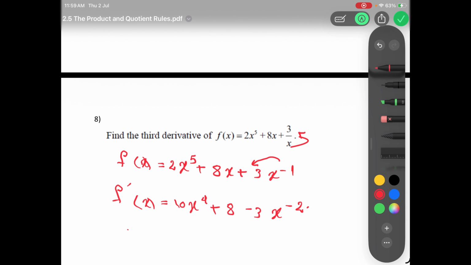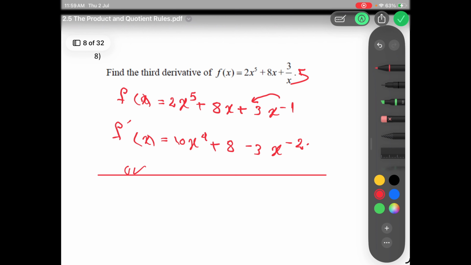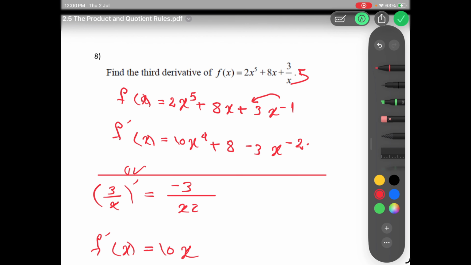Or if you know that the derivative of 3 over x, this is very common, the reciprocal function, is minus 3 over x squared, you can do this directly. Look at this. f prime of x equals 10x to the power 4 plus 8 minus 3 over x squared.